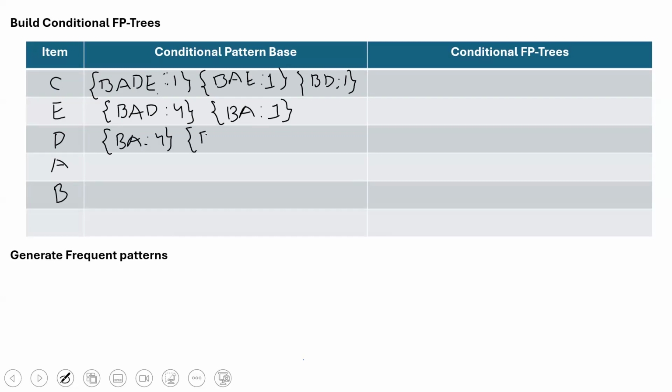And B is 1. And what about A? B is equal to 5. And what do we do next? How do we actually construct the conditional FP trees? That is what we will try to do now.